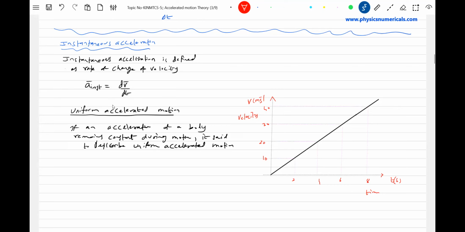So what do you mean by uniform accelerated motion? If a body produces equal change in velocity in equal intervals of time, it is said to be uniformly accelerated. There's one more definition.